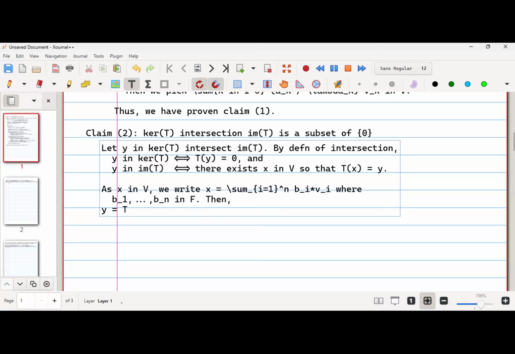So we get T of the sum, and then linearity of T allows us to write it like this.